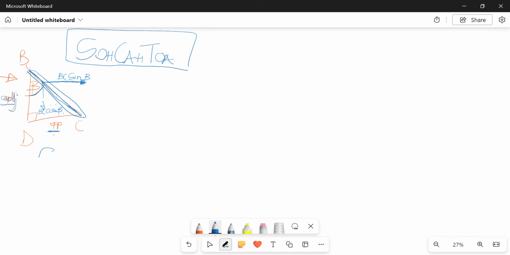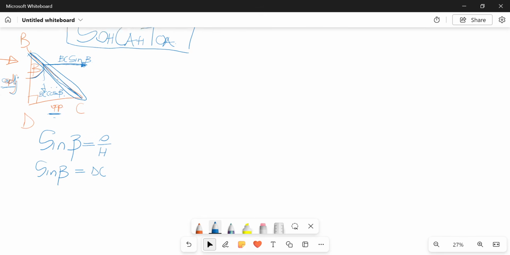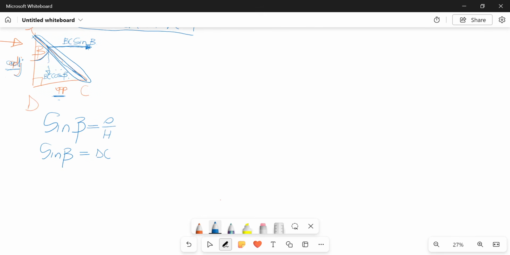So we'll start off with our sine beta. That's your opposite over your hypotenuse, right? Sine beta, your opposite would be DC, or in this instance, we can even call it x, since that will be a horizontal component.